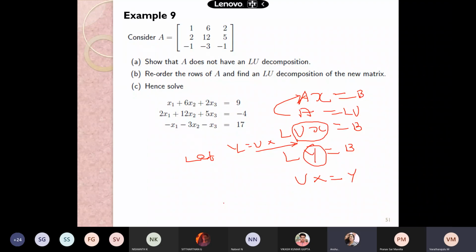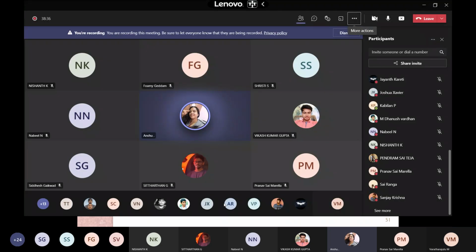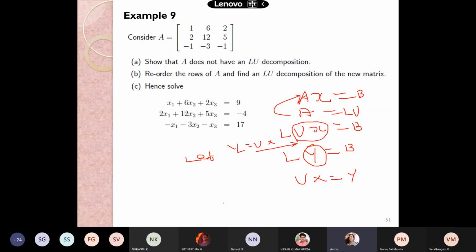Sir, is there any condition on a matrix by which we can say we can decompose it into LU? Yes, a few conditions are there.